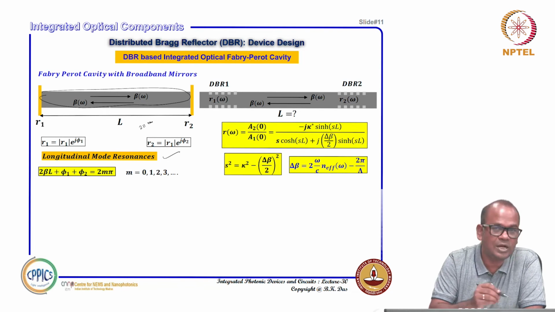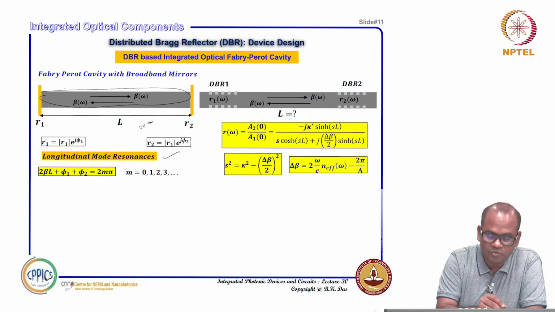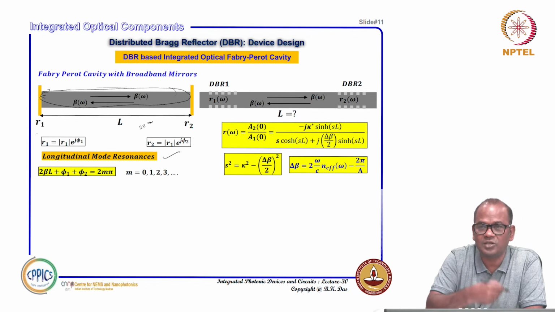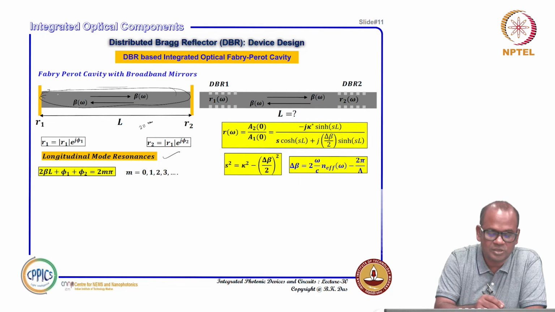It can happen for a certain wavelength. For that wavelength, the round trip phase shift is 2 pi, so it can be stored. It can reproduce this wave again and again, yielding constructive interference. So this is a resonance condition.